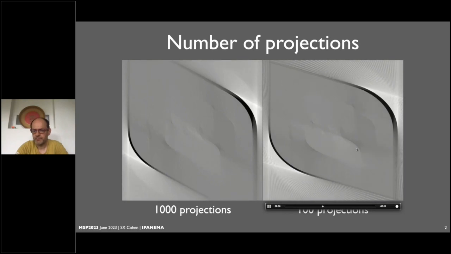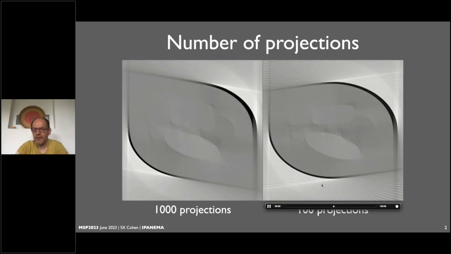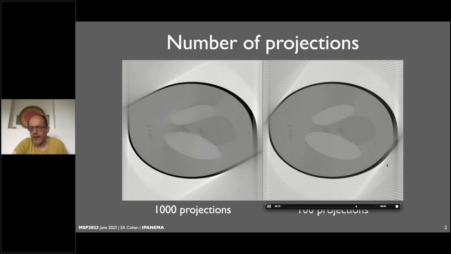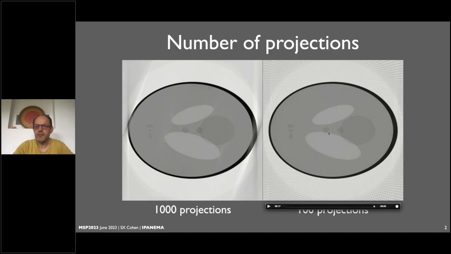So I have an effect, basically artifacts, if I lower the number of projections. The pixels which are close to the center end up in many more projections than the others, so they have a better approximation in the reconstruction compared to pixels on the edge of the object, which end up in fewer projections.